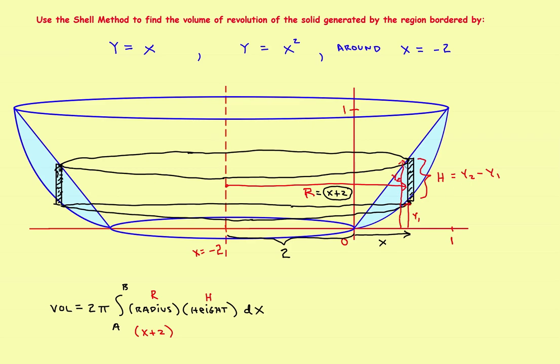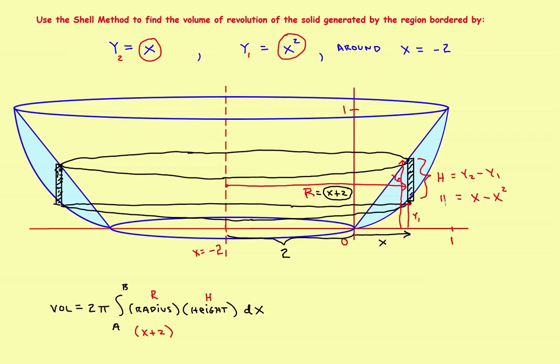Well, y2 is the distance to the straight line. That's this height right here. y2 would be equal to just x, so you can put an x in right there. y1, that's the height to the curve line, would be equal to x squared. So this is going to be minus x squared.